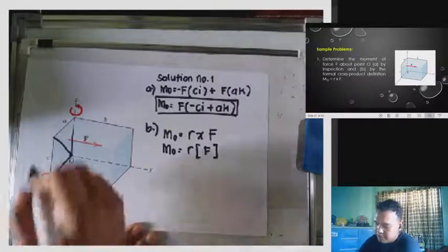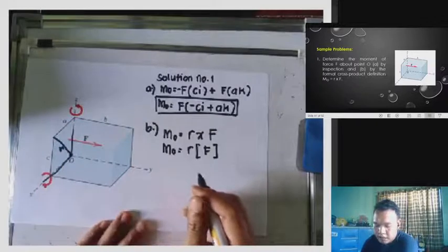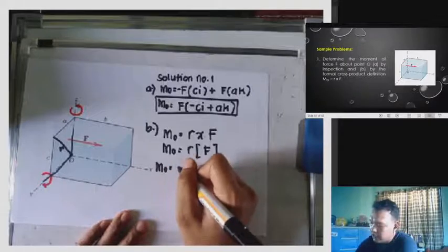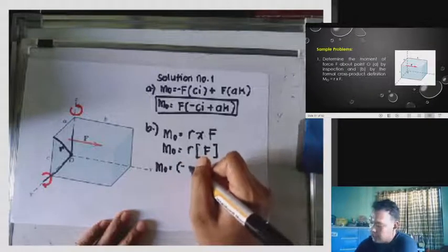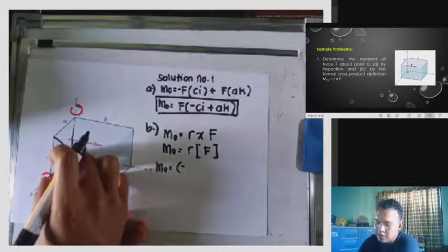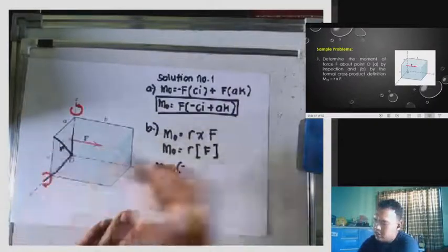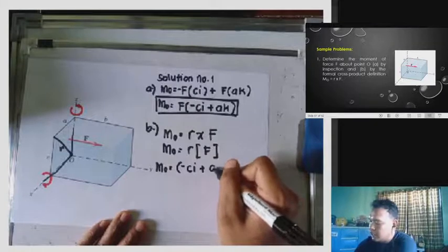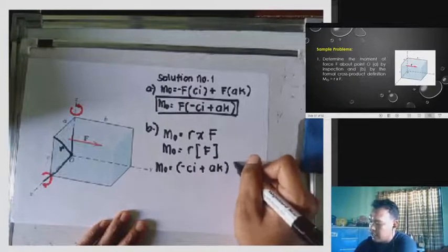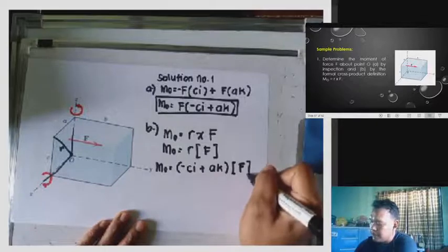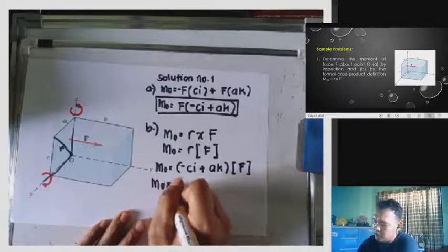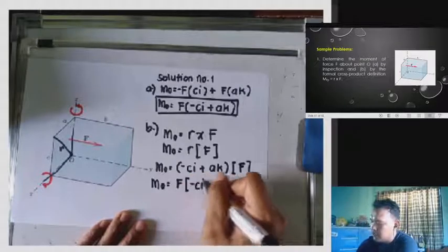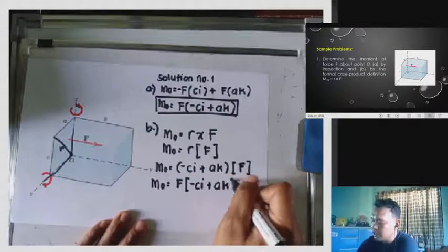Then, ito yung R. Therefore, para makuha natin yung R, we have here MO is equivalent kay negative component ulit tayo. Negative CI plus AK times F. Okay? So, MO is equivalent kay F times negative CI plus AK.